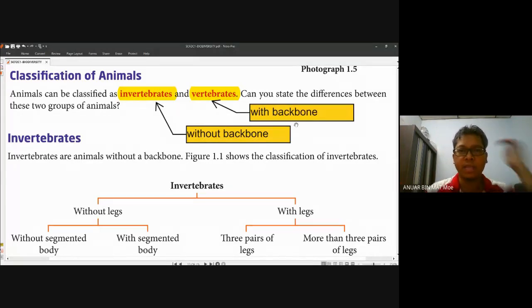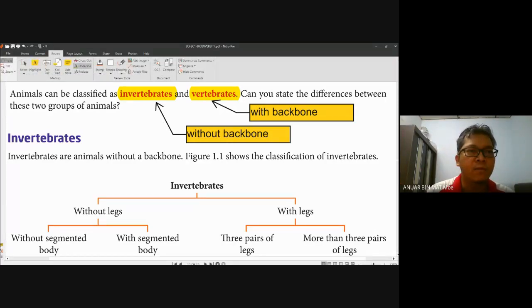This is what we call invertebrates and vertebrates. So we go one by one. This is the first classification, the classification of animal first. With backbone is vertebrates. Without backbone is what we call invertebrates. So number one, we're going to learn about the invertebrates.